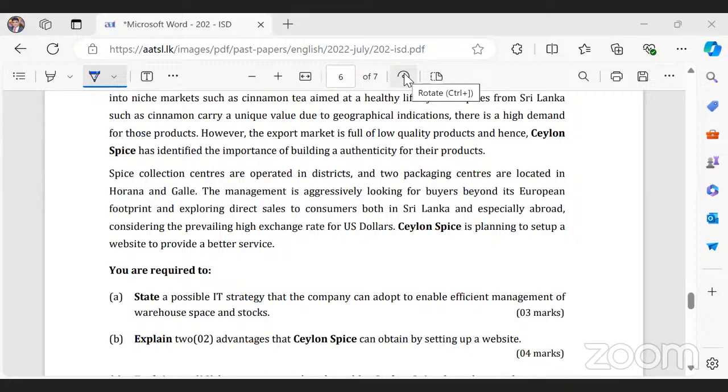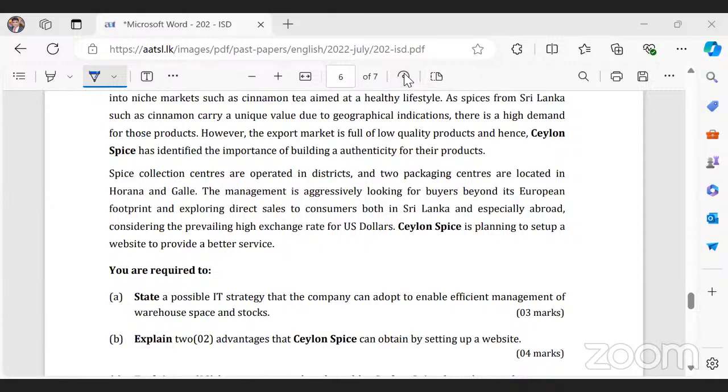Then that is easy to track, right? That is easy to get the stock levels, right? And they can use certain business analytics to understand future demands.